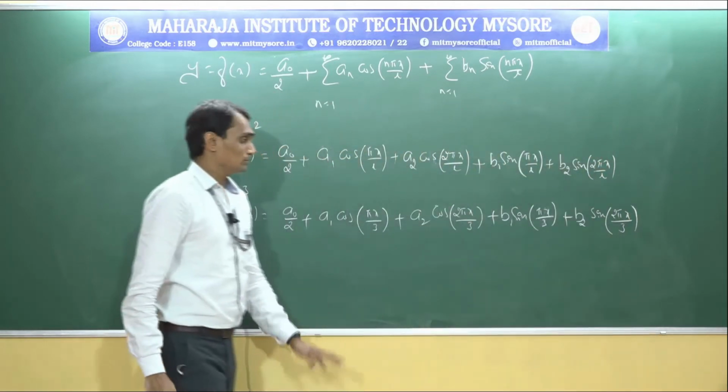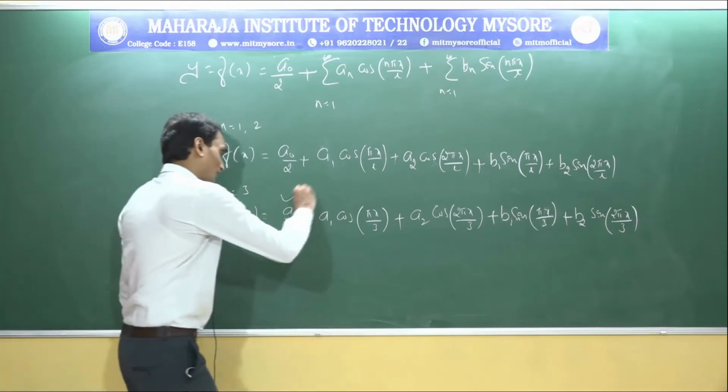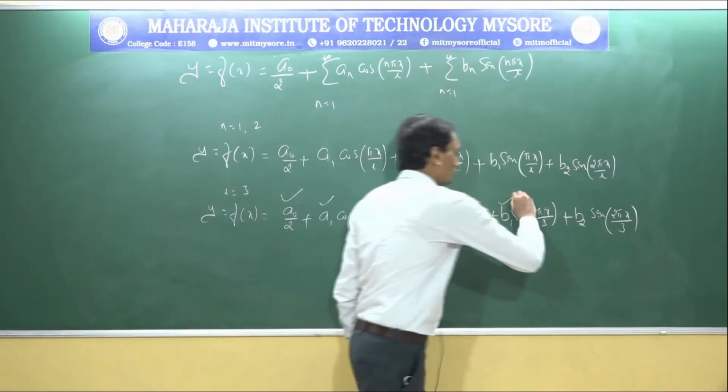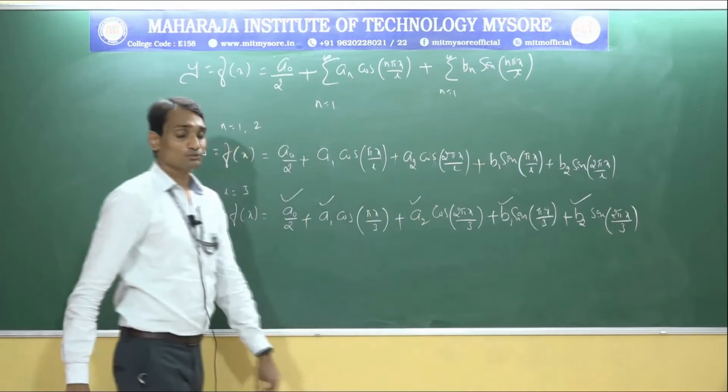Substituting the L value, what is the next step? Calculating a0, a1, a2, b1 and b2. These are all the values we need to calculate.